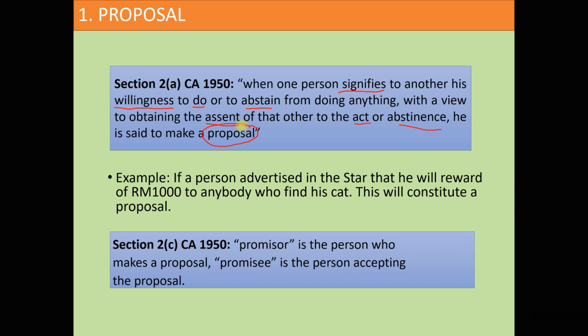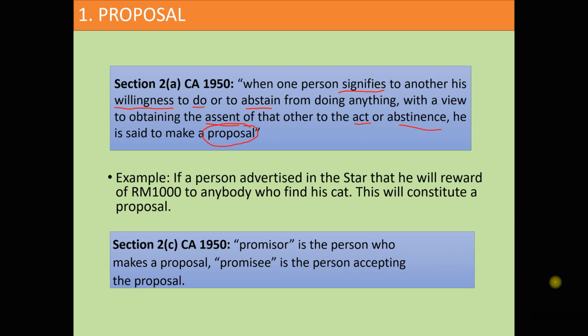Signify means they need the communication. To another his willingness, meaning to say what he wants, willingness, right? To do something or to abstain. You know the word to do is very common. To abstain means not to do.